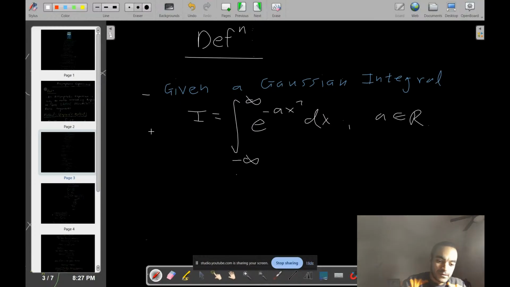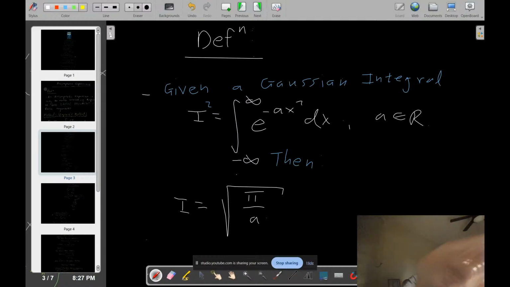Then what happens? Just one sec, putting a lot of definitions today. Then our I, by the way, this is I squared. Then I, after doing this integral and taking the square roots, should always equal the square root of pi over your constant.